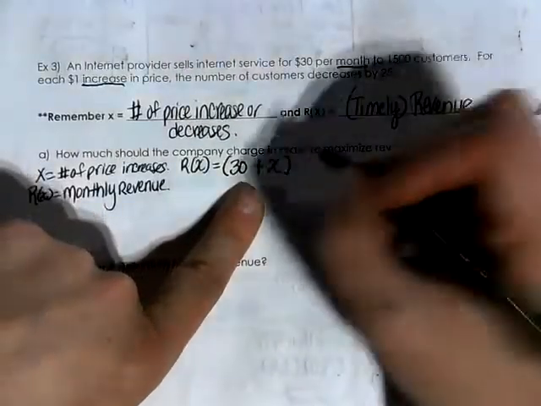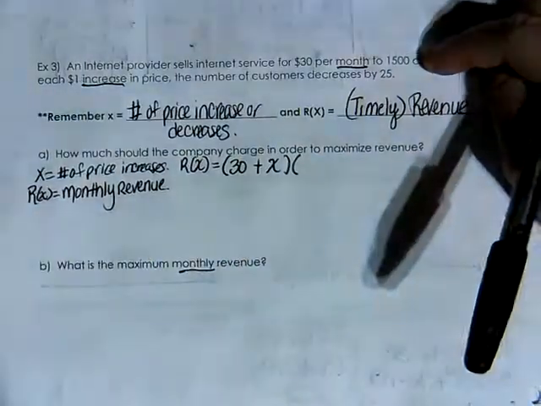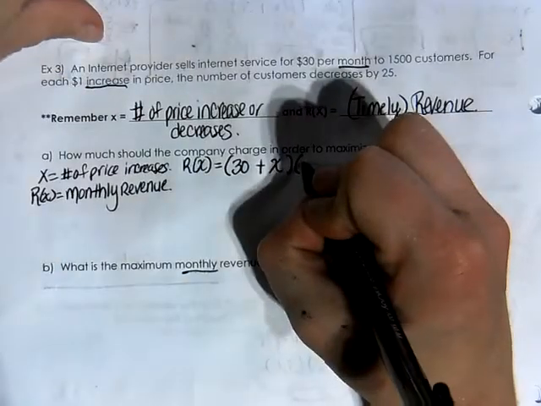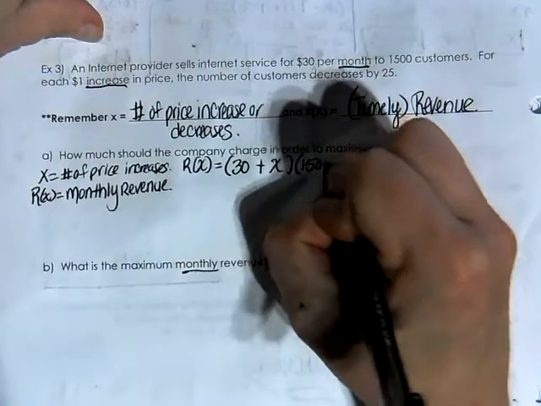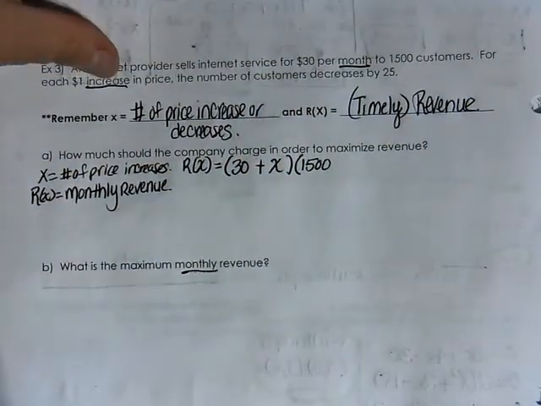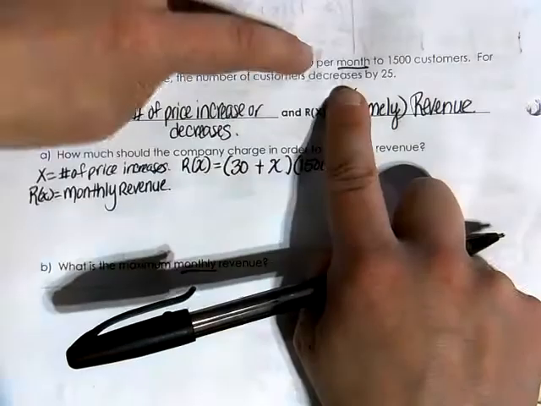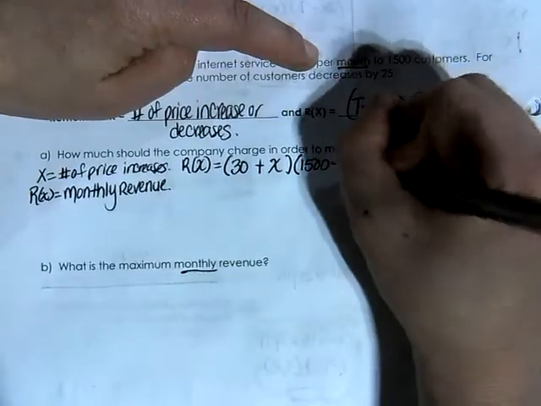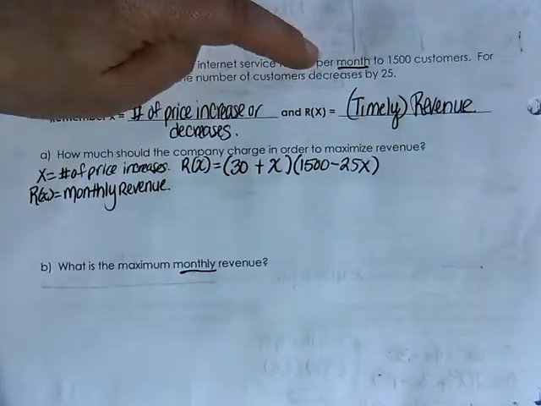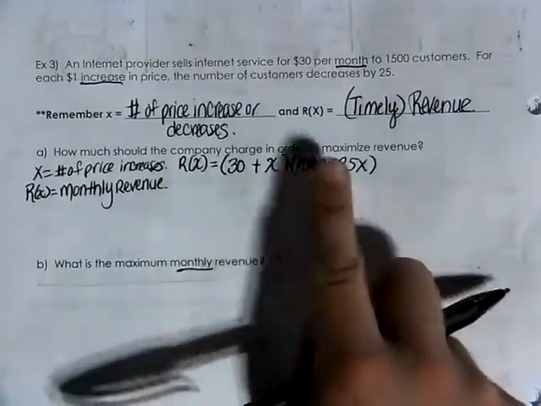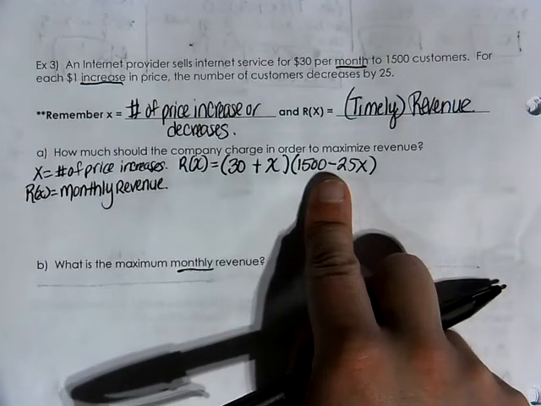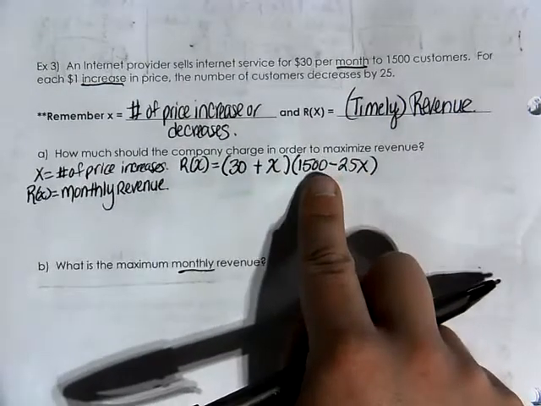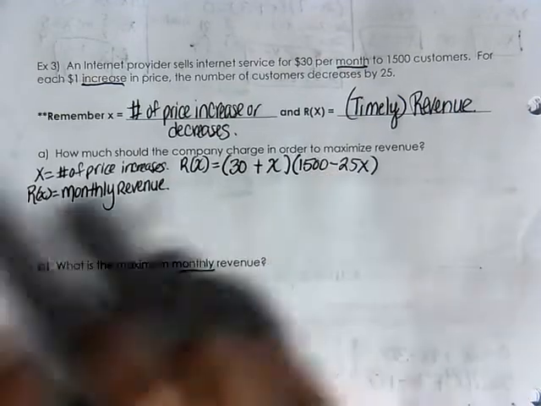And that's dealing with money. Customers is your quantity. They will start off with 1,500 customers, but because the price is going up, people are saying, no thanks, I'll go someplace else. And it decreases by 25, so minus 25, every time the price increases. So one deals with price and the other one is dealing with quantity or number of customers.